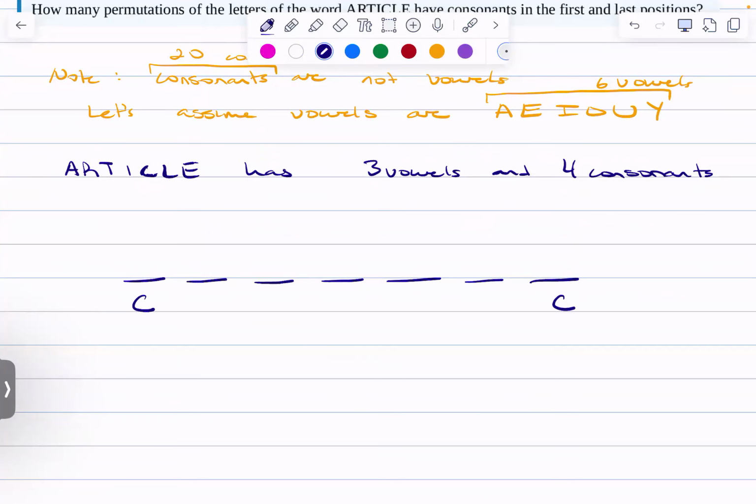Now I have 4 consonants to choose from for the first position, and then I am left with only 3 consonants for the last position. It doesn't matter, since we're multiplying through all these numbers, whether this was a 4 or this was a 4, but one of them has to be less than the other one.